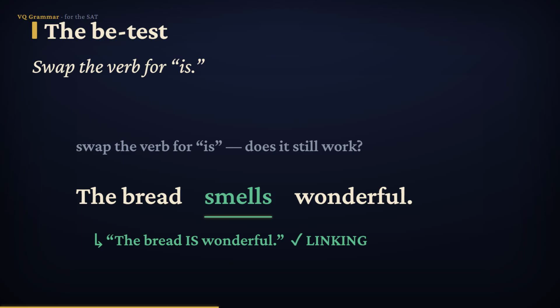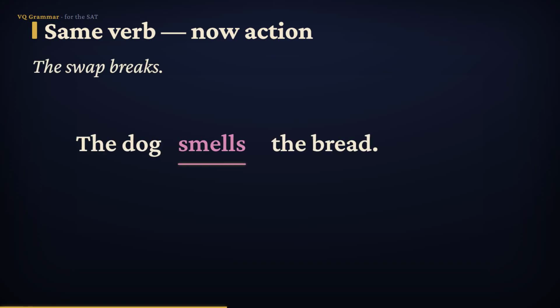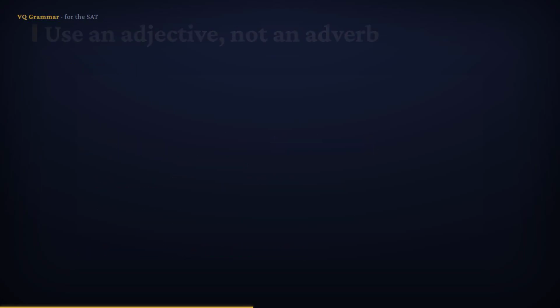That makes perfect sense, so smells is linking here. But now, the dog smells the bread. Swap in is, the dog is the bread. That's nonsense. The dog is sniffing it, not equal to it. So here, smells is an action verb. The rule is simple. Swap in is. If it works, linking. If it breaks, action.